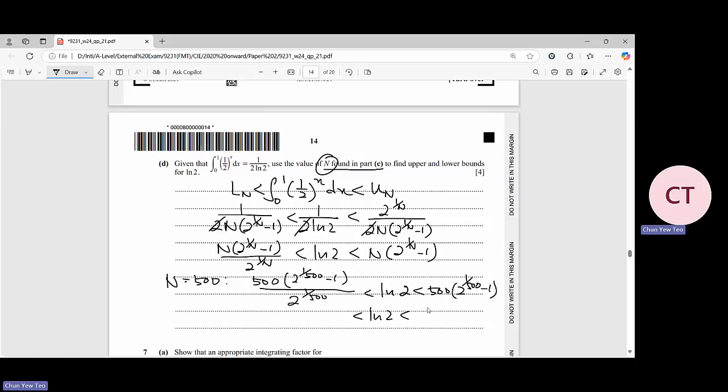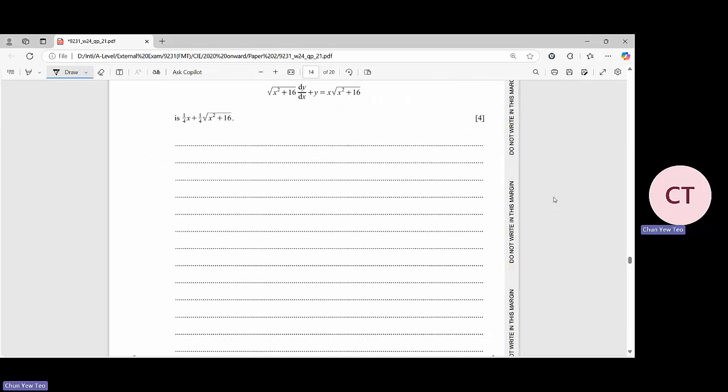You can see that the upper bound will be 0.694 and the lower bound will be 0.693. So done. That will be the answer for question number 6D. Moving on, we have question number 7.